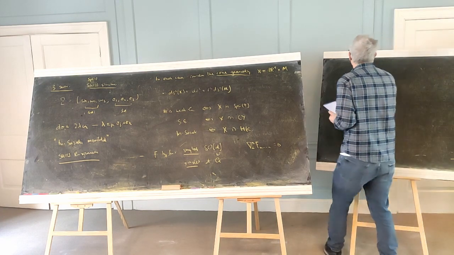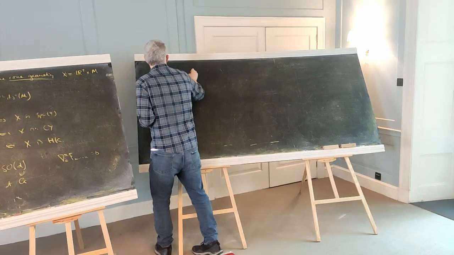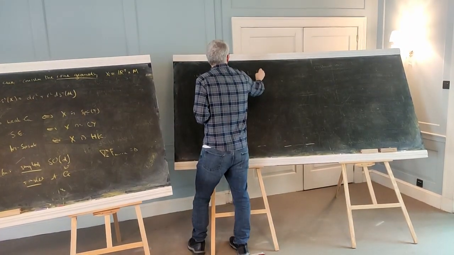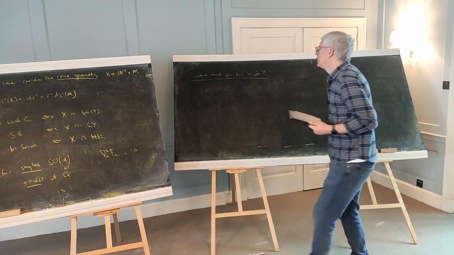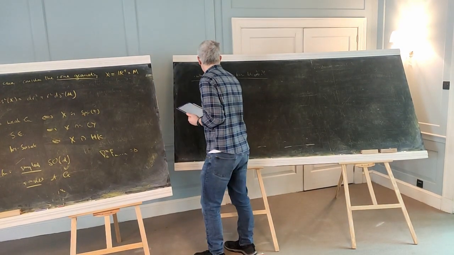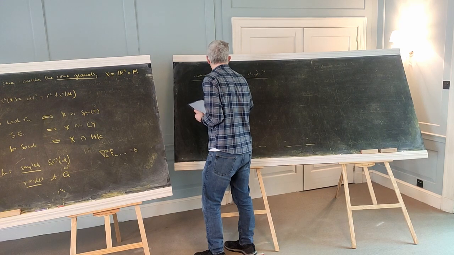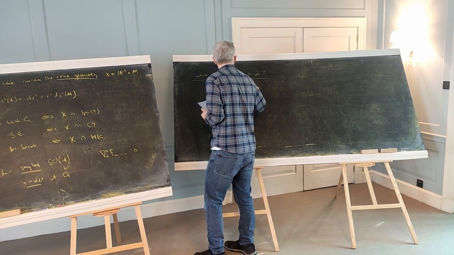So what about in general? What about general flux backgrounds? We expect that somehow the flux should correspond to intrinsic torsion.